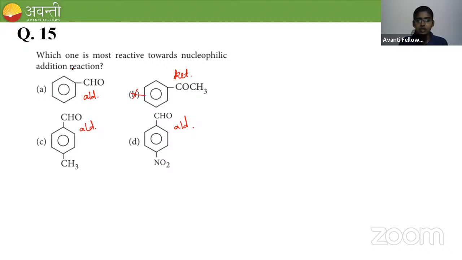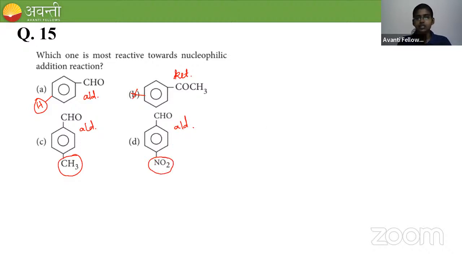In option A, para to CHO, we have a small hydrogen attachment. In option C, para to CHO, a CH3 group is attached. And in option D, para to CHO, an NO2 group is attached. Can you find out the answer?